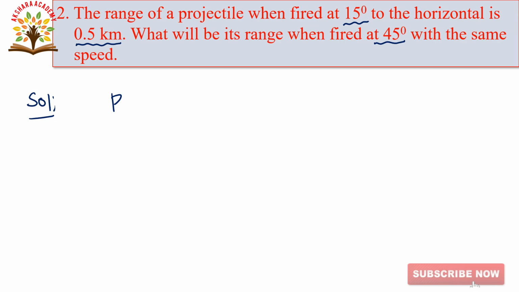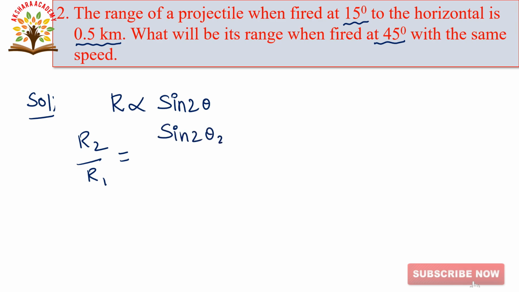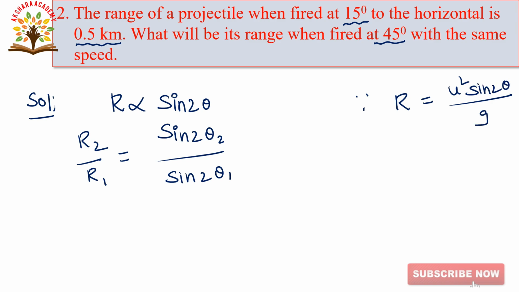Here R is proportional to sine 2 theta. So from this we can write R2 by R1 is equal to sine 2 theta 2 by sine 2 theta 1, since R is equal to u square sine 2 theta by g.